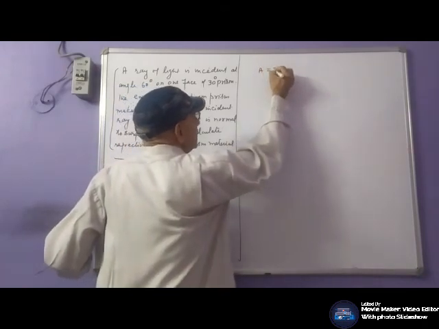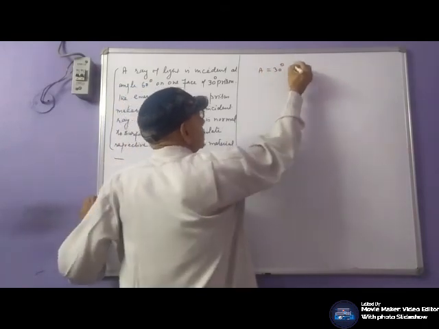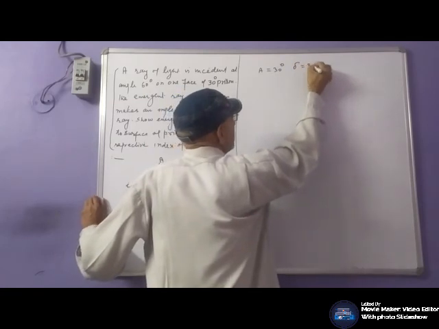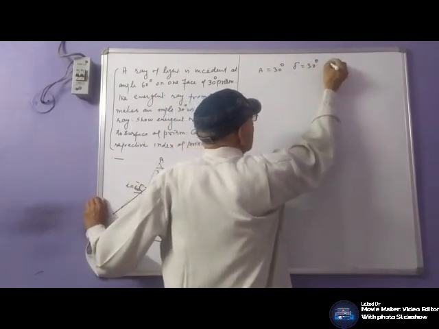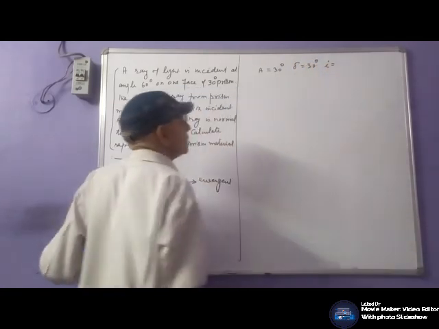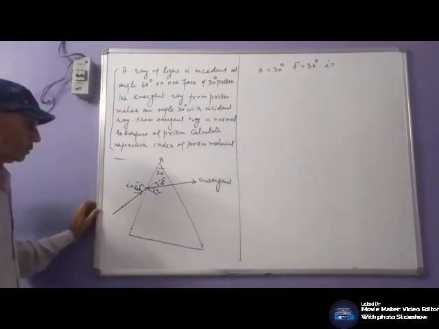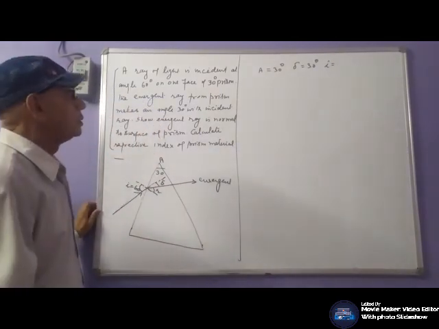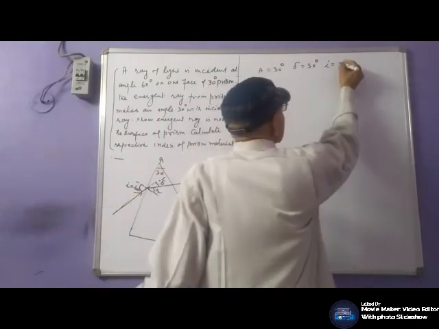A is 30 degree, delta 30 degree, I is 60 degree.